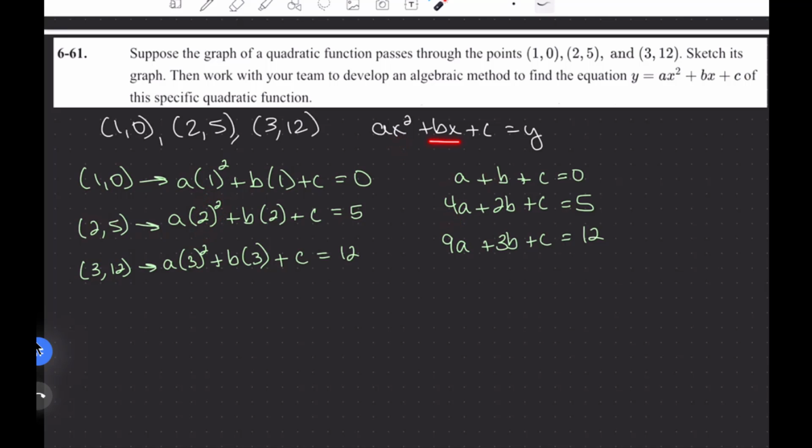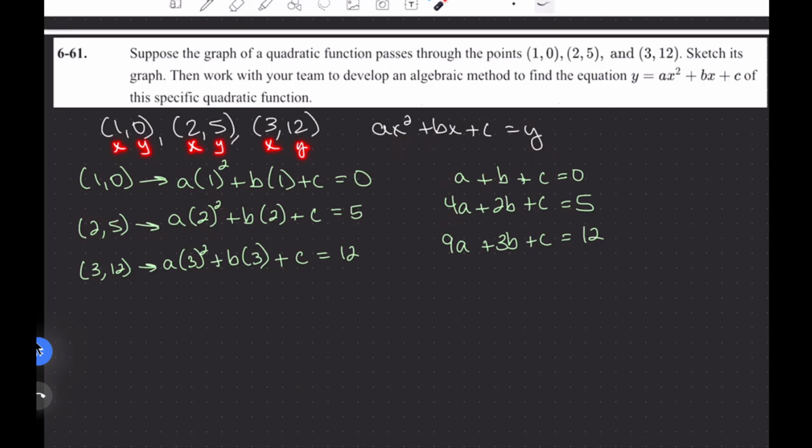When they're next to each other, it just means that you're multiplying. And then you add those up to get the equal 5? It always equals my y value, right? This is my x, this is my y. Because that's a point. So in your point, these are all x's and y's. Right?